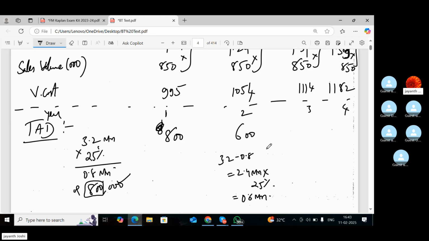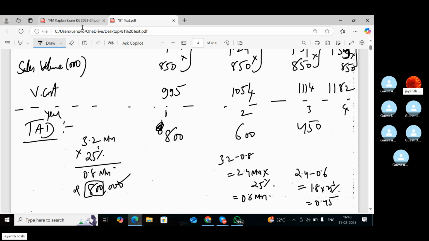Again, 2.4 million minus 0.6, that is 1.8. 1.8 into 25%, that is like 0.45. Okay. So we're going to put that also here. So we have 2.4 minus 0.6 is equal to 1.8 into 25%, 0.45.